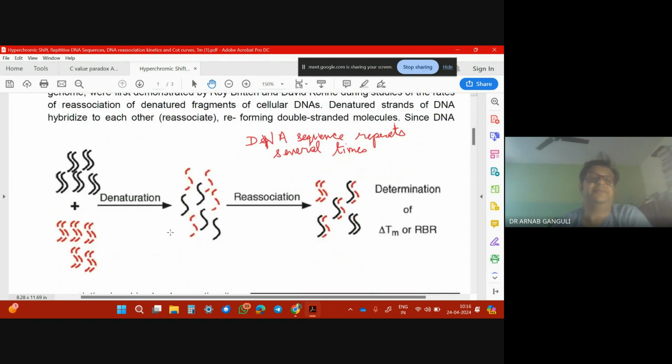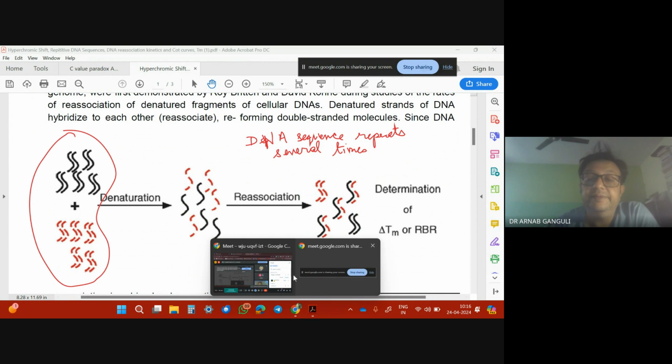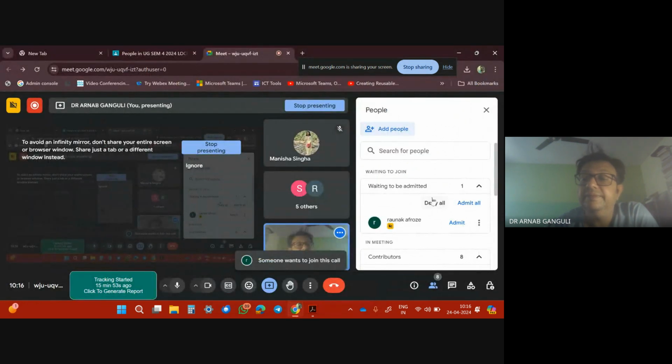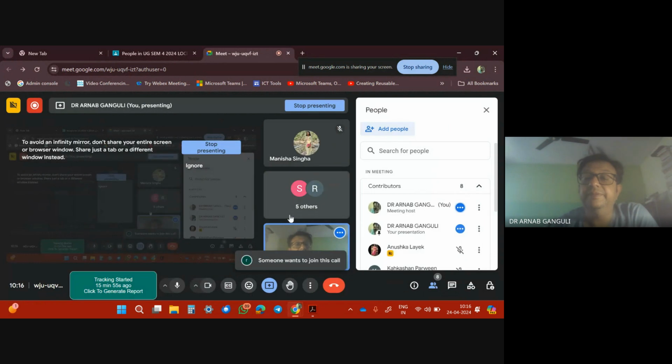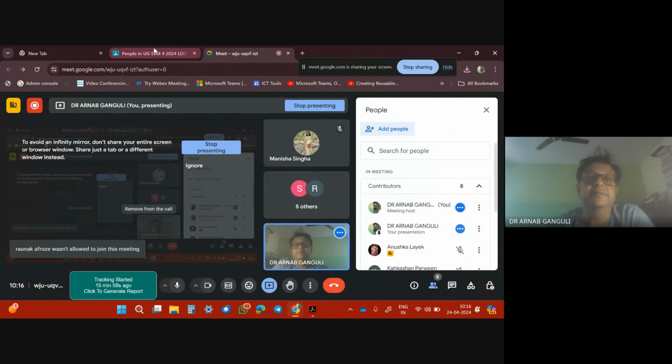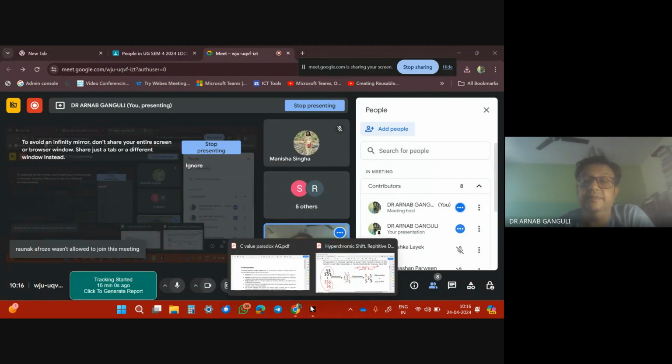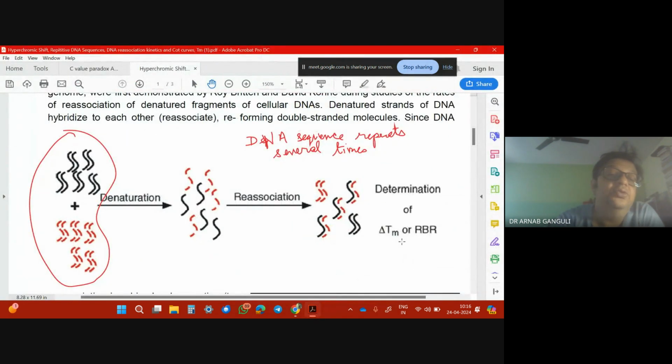So first, these are the two DNA strands. These are the two types of DNA strands. What happens when you mix these two repeated strands, then denature them at high temperature or high alkali, is that they become single stranded.